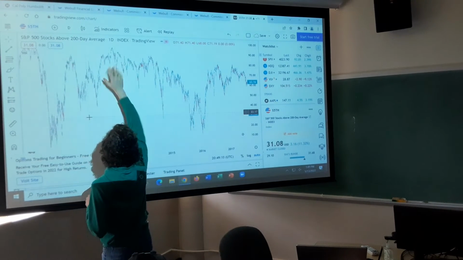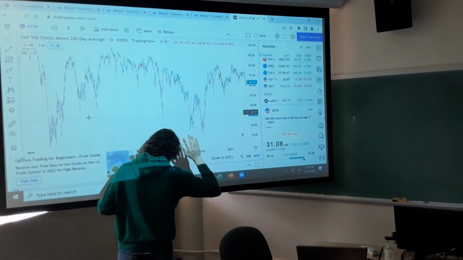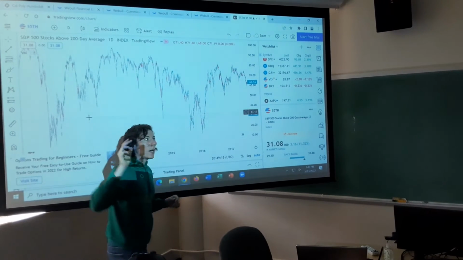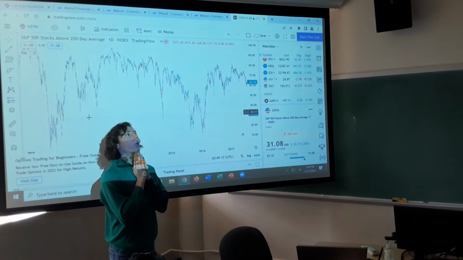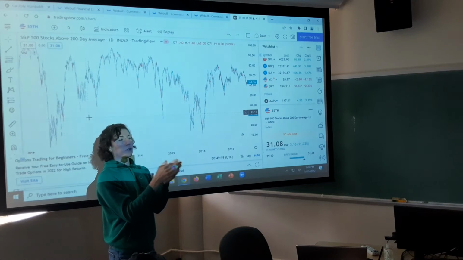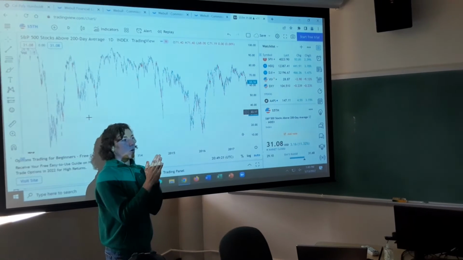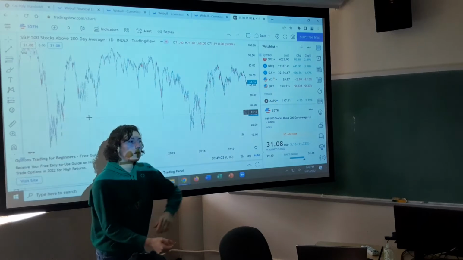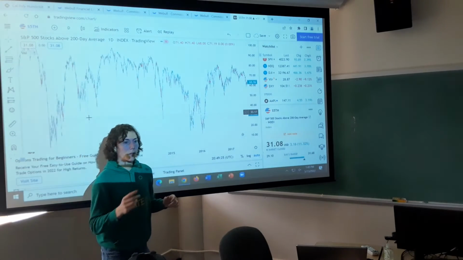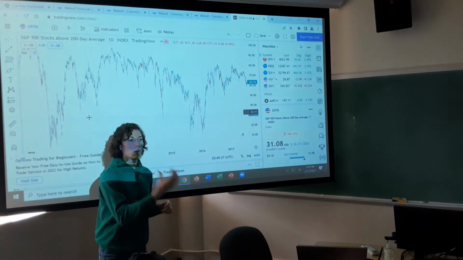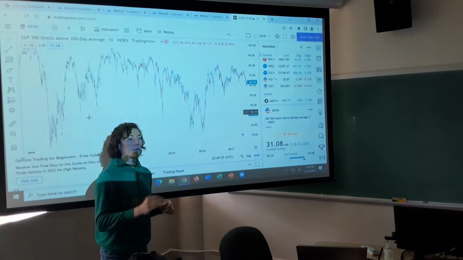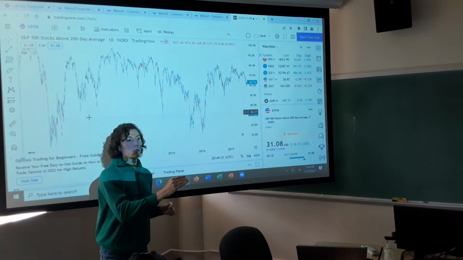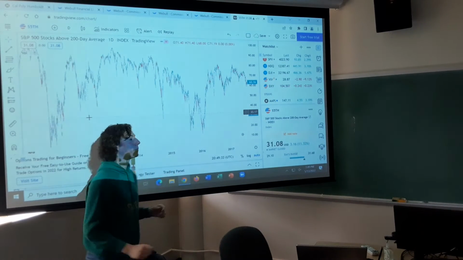Point is though, when we look at this, it also references Dow theory. It looks at how we understand what the stock market is doing, right? We see its trends. The positive version of Dow theory is that there are higher highs and higher lows. We see this going up. And the negative version is the opposite, where we see lower lows and lower highs. The thing is trending down.